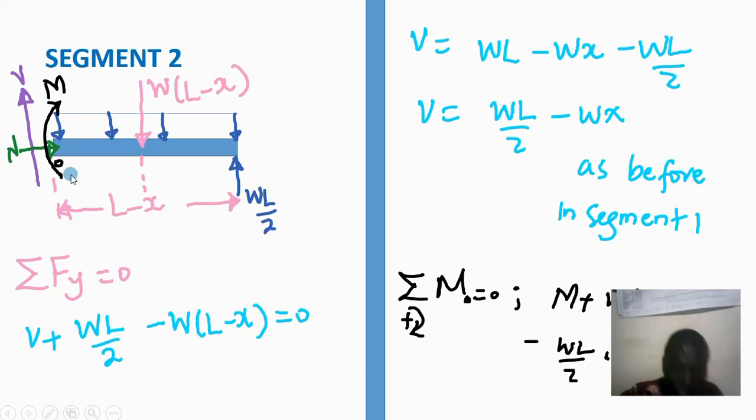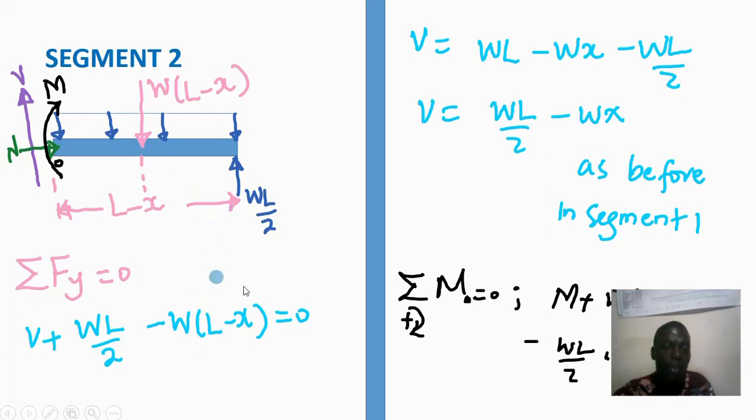Now we know the length from this point to the end of this beam, support B, is L minus x. So the total load will be W into L minus x, and it will act at a distance equal to L minus x out of 2.